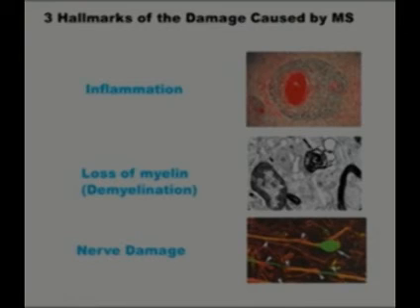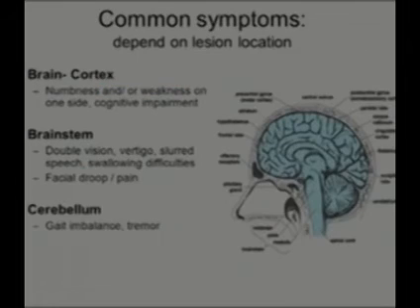Axon means nerve fiber, excuse me. So patients with multiple sclerosis can have a wide range of symptoms, and that's because the inflammation and the damage to myelin and nerve fibers can occur anywhere in the central nervous system. And where the inflammation and damage occur translates into the type of symptoms patients experience.